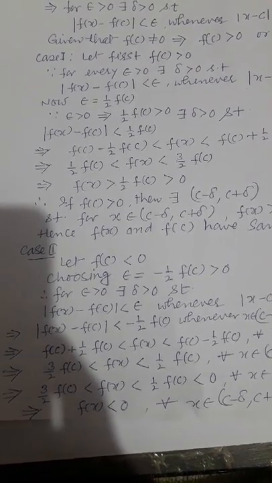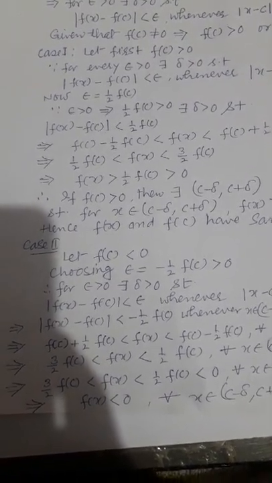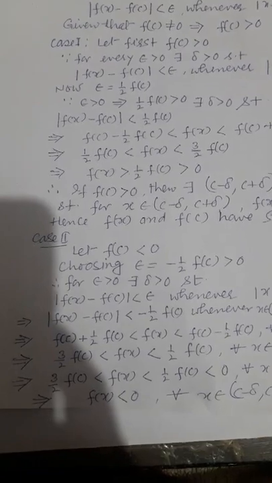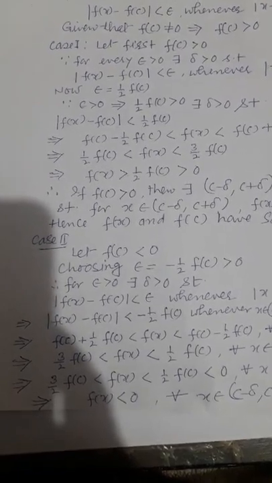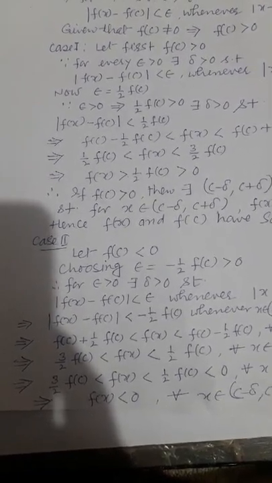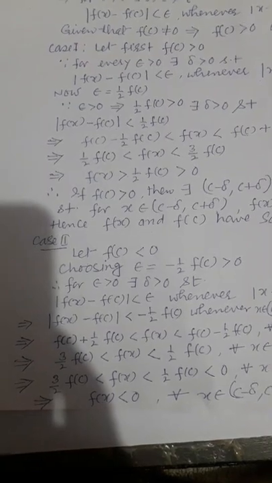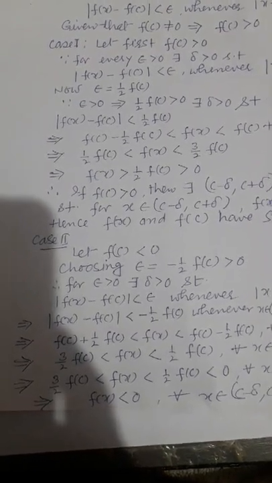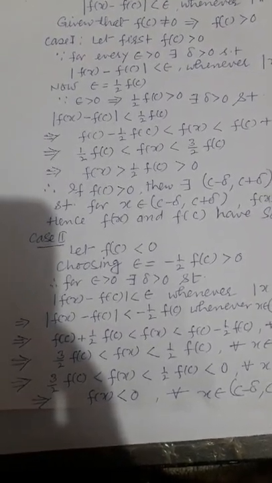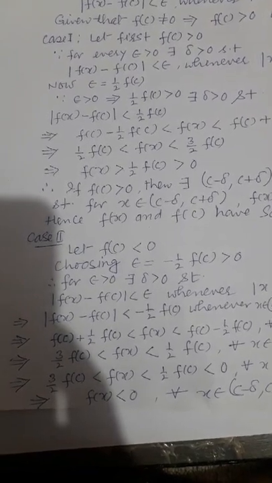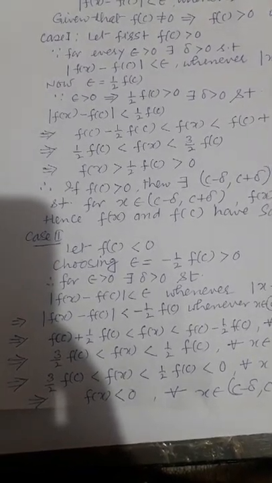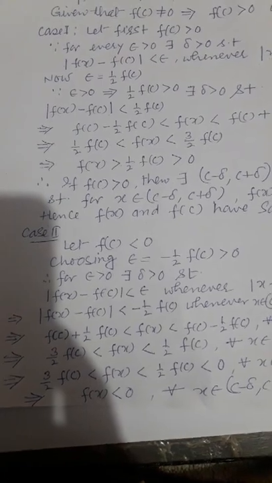It is the first statement. Since it is given that the value of the function at c is not equal to 0, by the trichotomy rule, f(c) will be greater than 0 or less than 0.